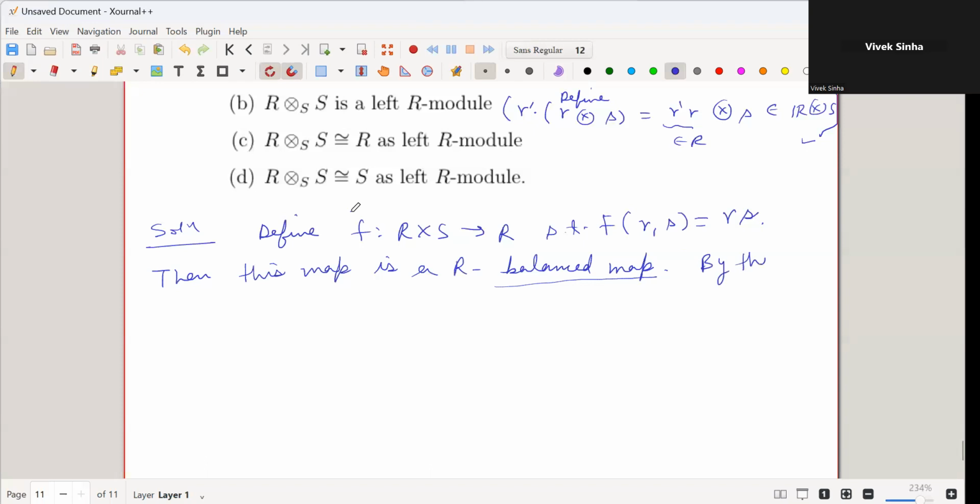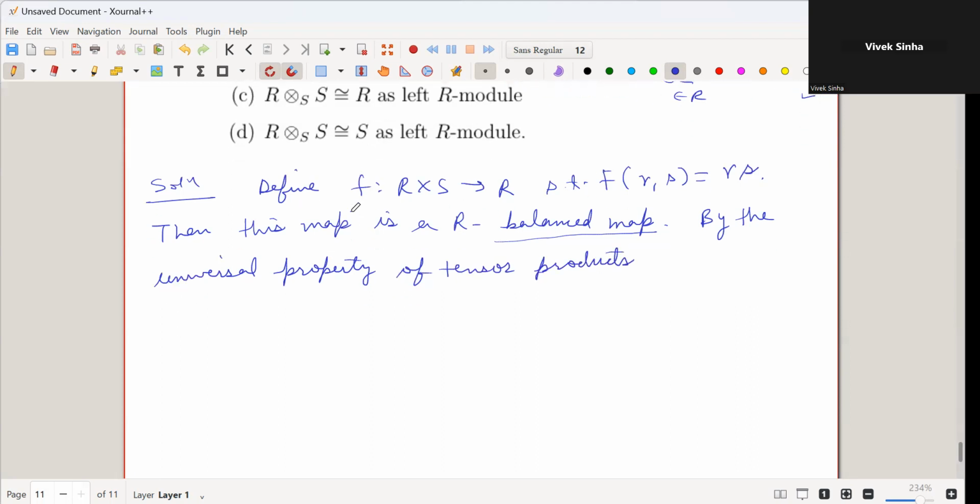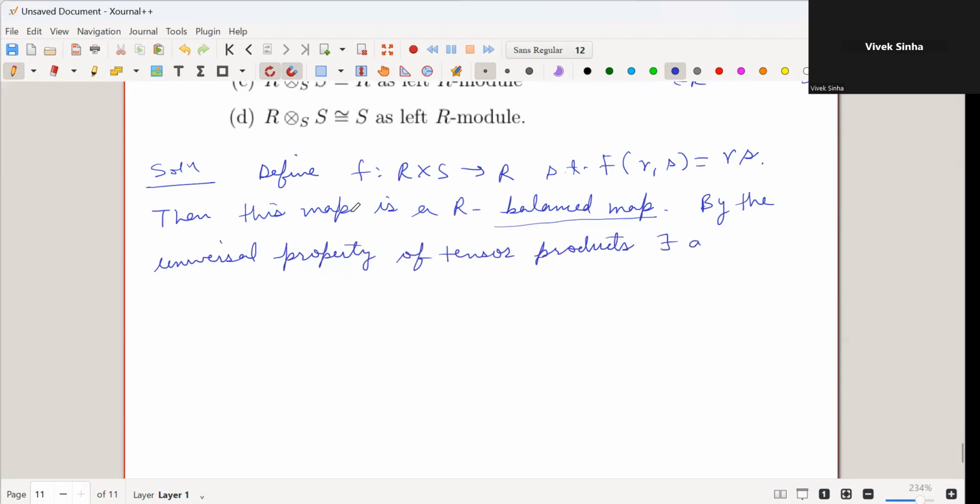So by the universal property of tensor products, you will get a map. There exists a linear map, that it is over S, so an S linear map. Let's write it a bit clearer.